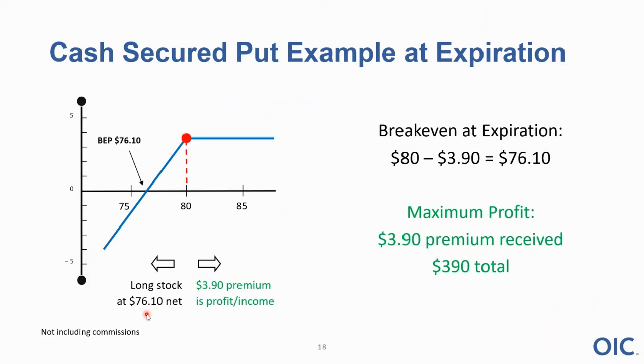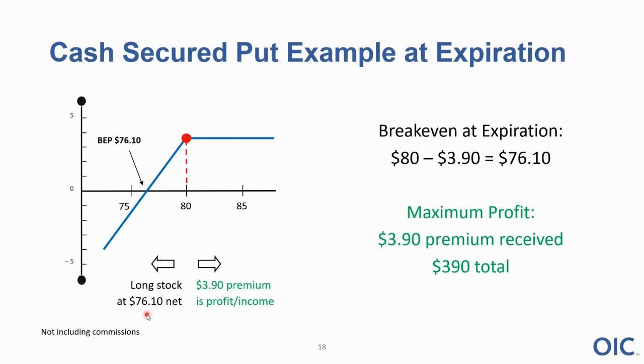Now that you've got that long stock position, it comes with all of the benefits of a long stock position. Your long stock from 76.10, the next day it might go up to 78. The next day it might go up to 85. The point being is that there are ways to profit even if you get assigned on a cash secured put and the trade itself isn't a winner, the resulting stock position may be.